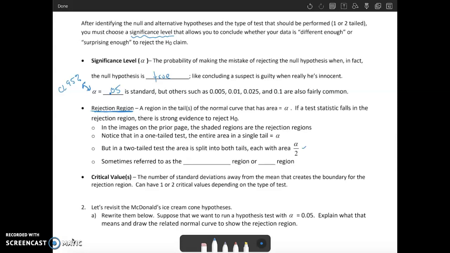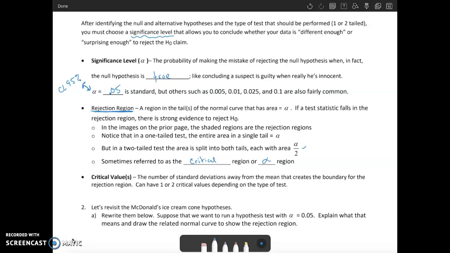Sometimes you could hear this referred to also as the critical region or the alpha region. All those things mean the same thing. Rejection region, critical region, alpha region are these shaded areas in the tails with area equal to alpha. Then the critical values are the number of standard deviations away from the mean that creates the boundary for these rejection regions.